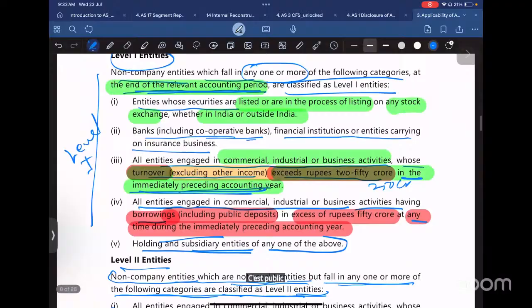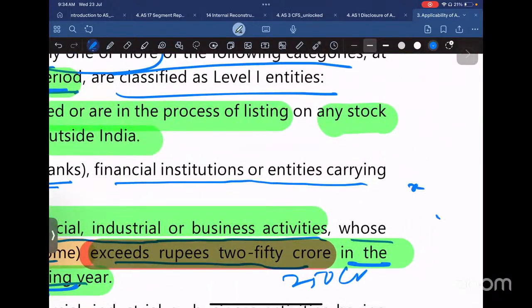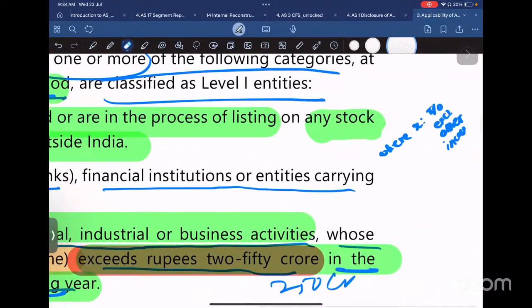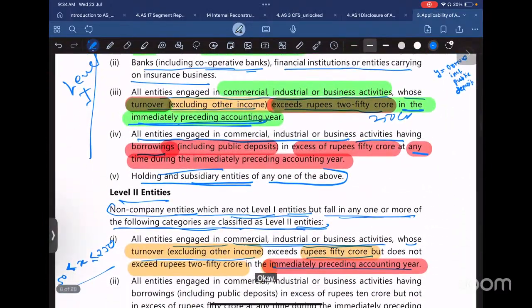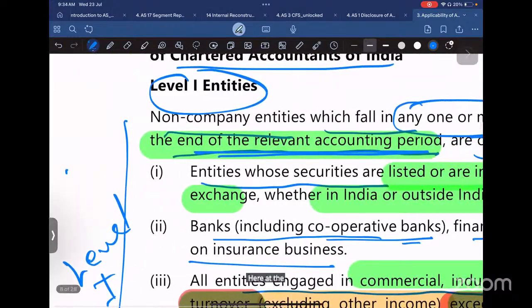Exceeds 50 crore, but here we consider X as the turnover, excluding other income, and Y as the borrowings, including public deposits. For Level 1, X should be greater than 250 crore and Y should be greater than 50 crore.